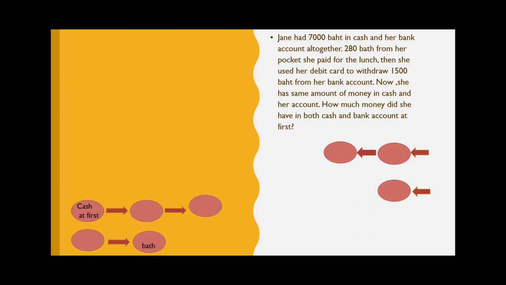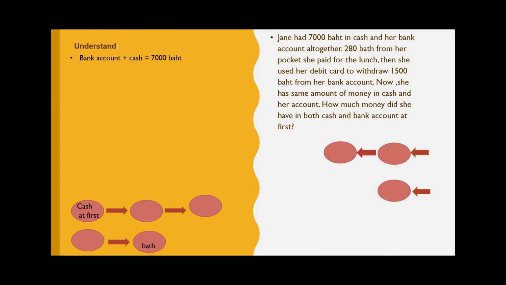So let's read the question again to fully understand it. Jane had 7,000 baht in cash and her bank account altogether. So now we know she has 7,000 baht, and 280 baht from her pocket she paid for the lunch.